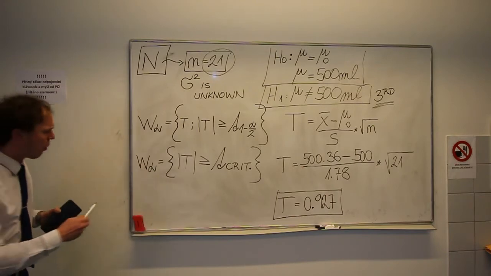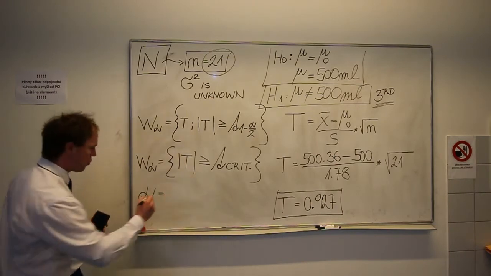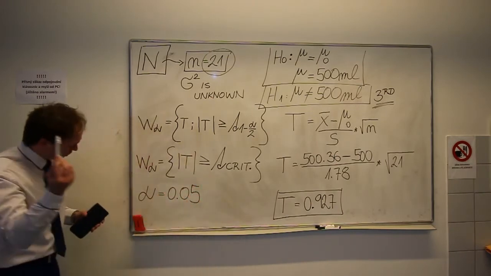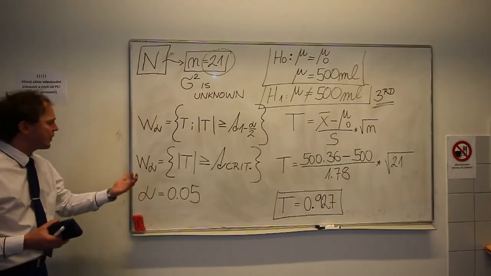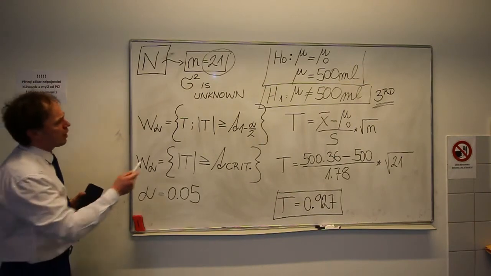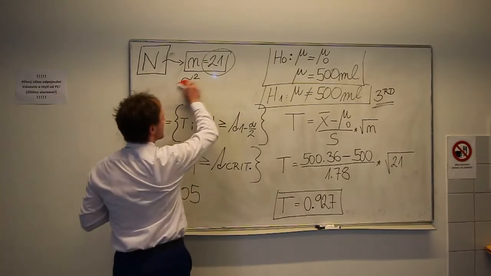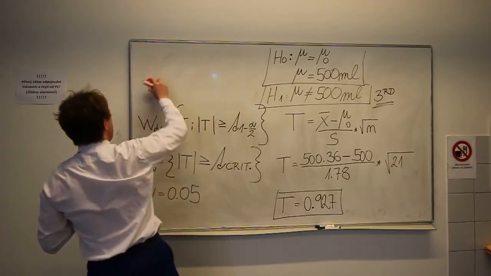We must know that alpha is equal to 0.05. It was written in our example: test at the 5% significance level. Because alpha is 5%, we must identify this critical value from the tables.